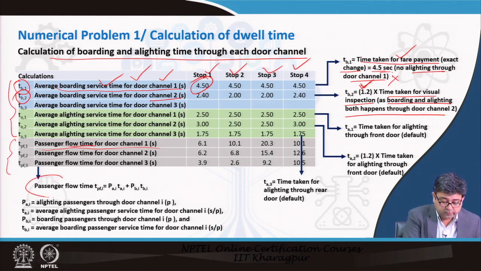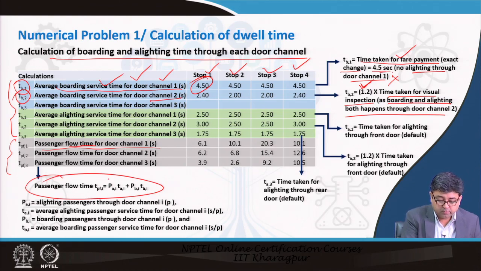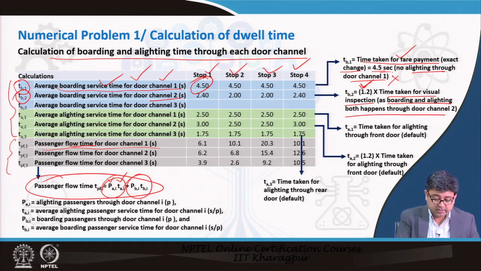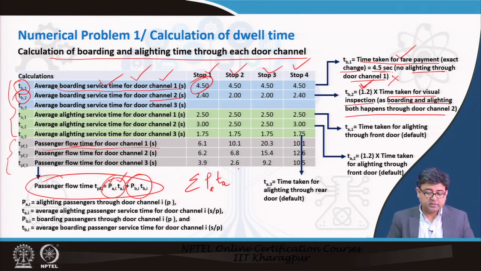All you have to do for passenger flow time is multiply the number of passengers boarding through each channel times the time taken for them to board, and sum all of those for all the different channels that are available. So, it is just a summation of the product of PA times TA.